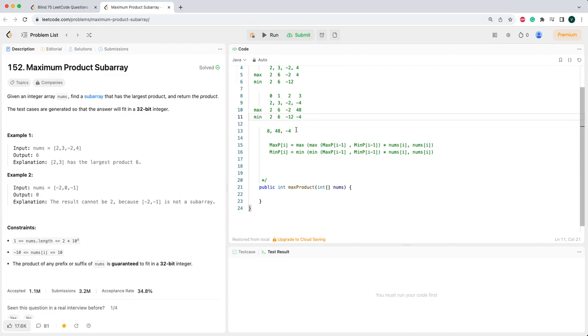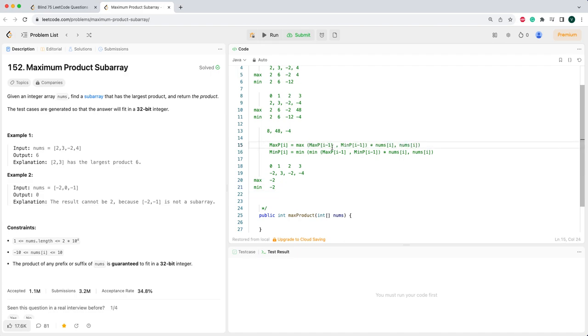Shall we take one more example to gain a bit more confidence? So let's do this minus 2 this time. Okay, and this will become the minus 2 again, right? Now this equation will change.